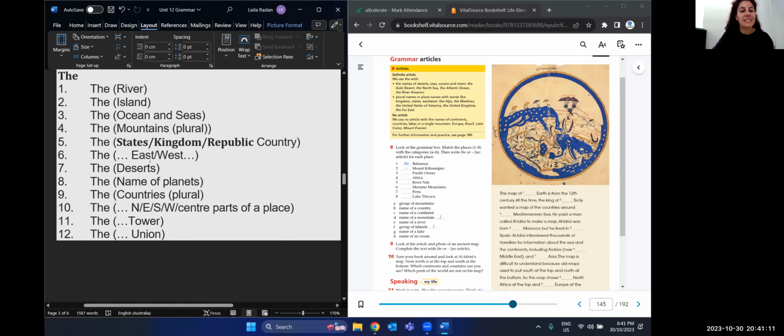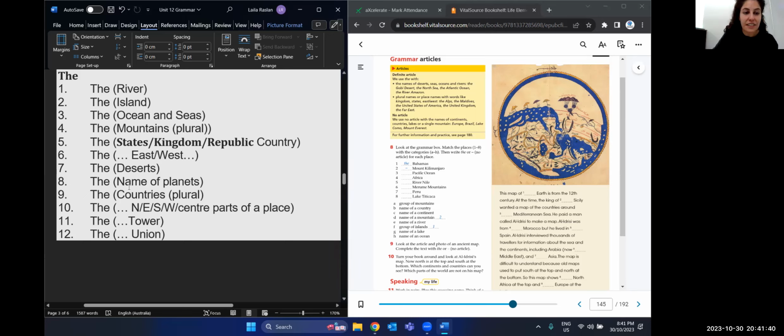If you have places that have east or west, you say the east side of the city, the west side of the city. If you have deserts, you say the. For example, the Sahara Desert.